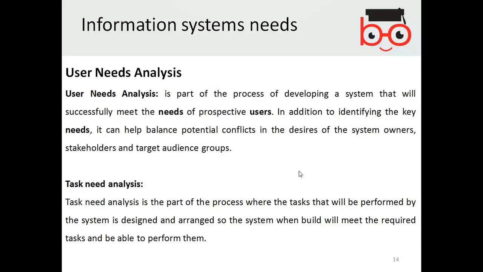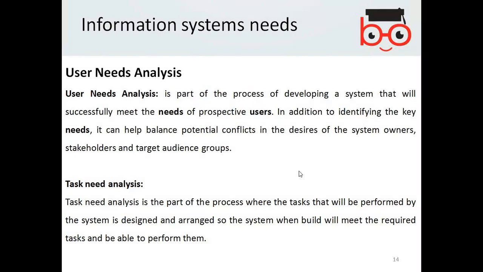You need to build the system so that it can meet the requirements and perform very well. Otherwise the actual needs of the users cannot be fulfilled if the sequence of the tasks is not known in advance.